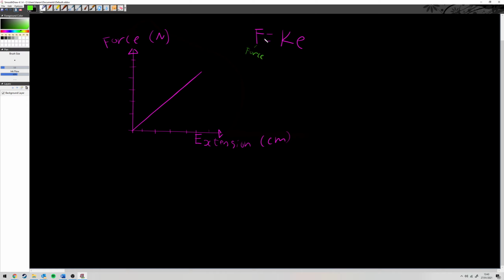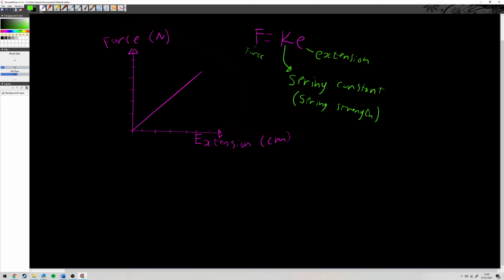And essentially what the K means in real life terms is how strong is your spring. So it's the spring strength. So if you had a bigger K, you would have a stronger spring.